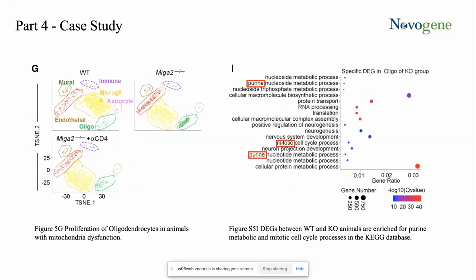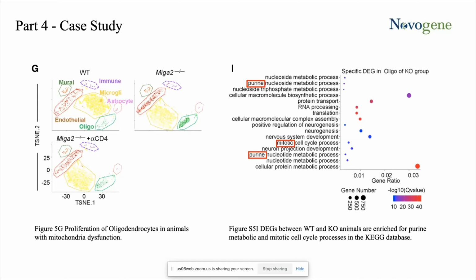Now looking at the left side of the picture, comparing the top 2 plots of the left figure, using a mouse model for anxiety, the omega-2 deficient mouse, the authors show that the number of oligodendrocytes, which are the green cells again, significantly increases in the omega-2 knockout mouse.